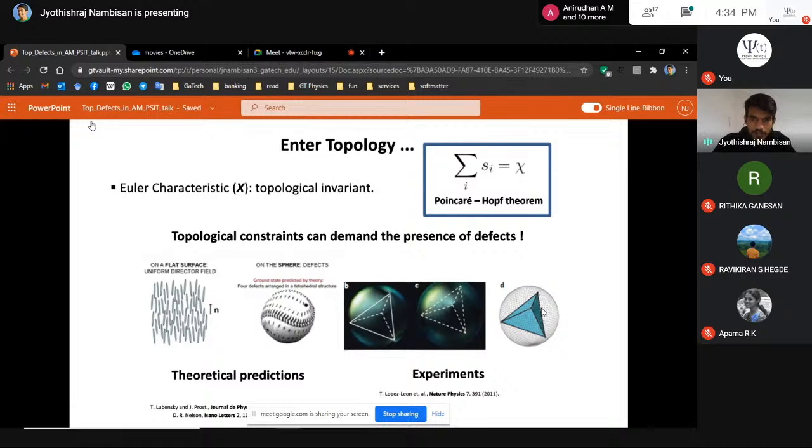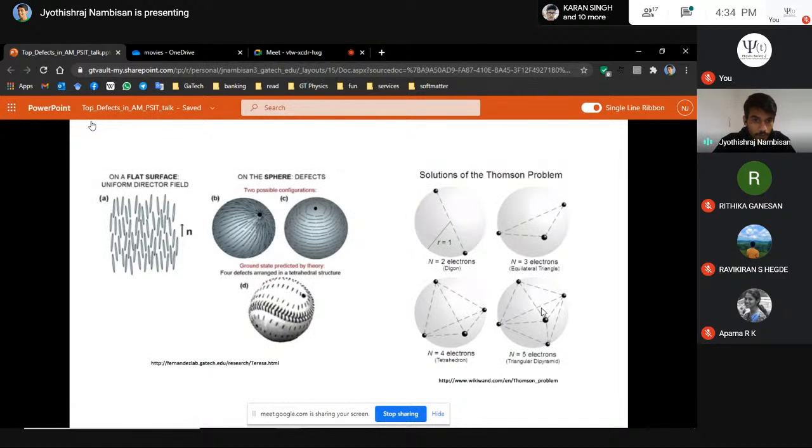So again, trying to connect these things with something which you already know. Again, this is the perfect defect-free alignment of particles in 2-dimensional flat space. You can have 2 configurations of these things, in theory. Like you have the poles on the earth, the north pole and south pole, and you have things aligned as longitudes. But at this point, you cannot put a particle there and specify an alignment.